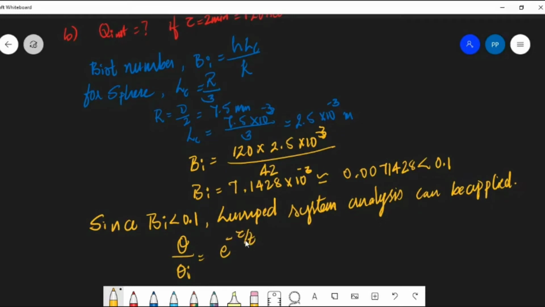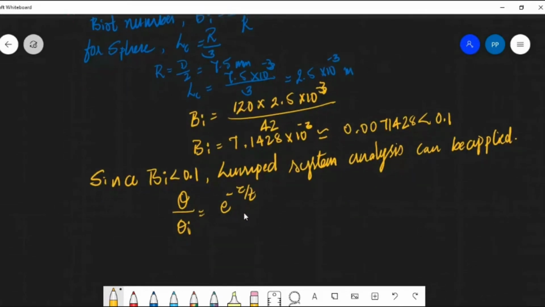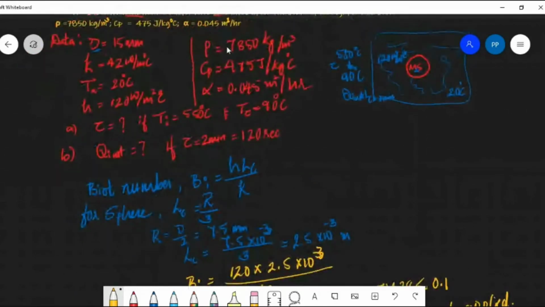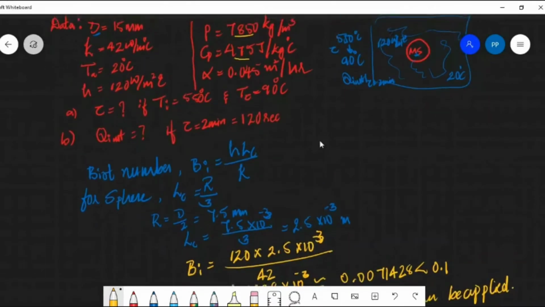Let us calculate T so that the same T can be used for both the cases. So T is given by rho Cp into Lc divided by h. I need to remember these equations. Density here is given as 7850 and Cp is given as 475 joule per kg degrees Celsius.